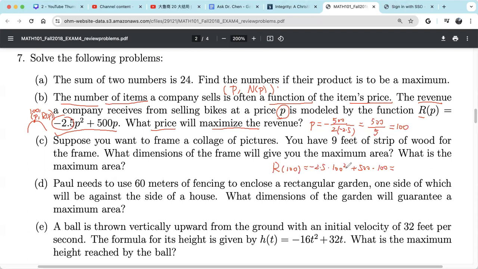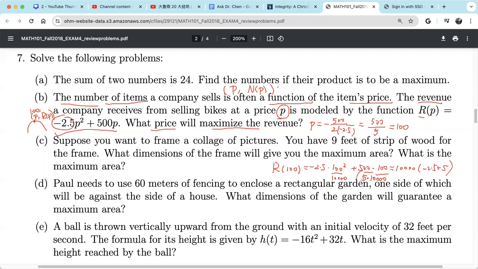Actually, we can rewrite the 500 times 100 as 5 times 10,000, since 100 squared is also 10,000. So 10,000 is a common factor, and we can factor out 10,000. Then we have negative 2.5 plus 5.